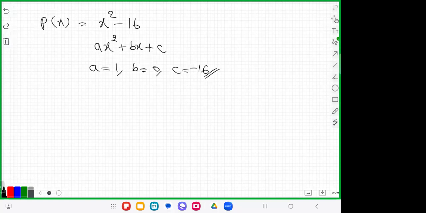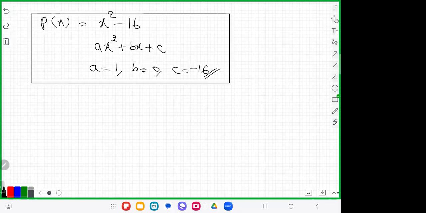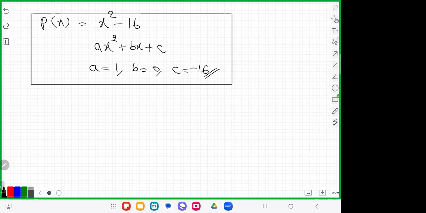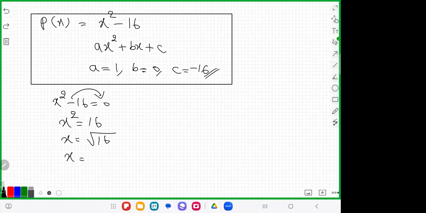So how can you verify the relationship between the zeros and coefficient? What are the steps? First equate this polynomial, x square minus 16, to 0. Then take this minus 16 across, that's how you will get x square is equal to 16. If you want to find the value of x, you take the root of 16. What is root of 16?